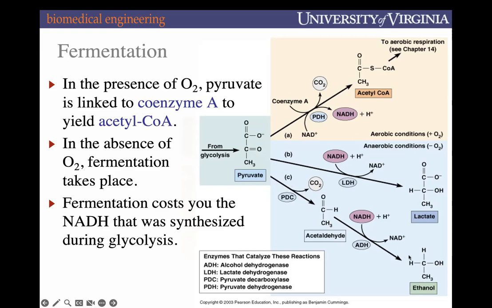A key thing to note here is that the concentration of each of these metabolites will determine which way the reactions are going. If there's a buildup of pyruvate, it'll move towards ethanol metabolism. And if there's a buildup of ethanol, for example if you consume ethanol, which you're not going to do when you're working on your first draft of your research statement that's due tonight, it'll be metabolized into acetaldehyde and then into pyruvate.